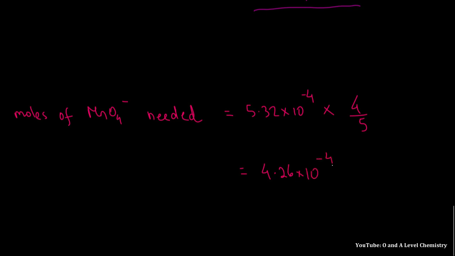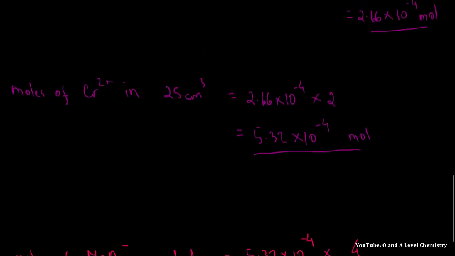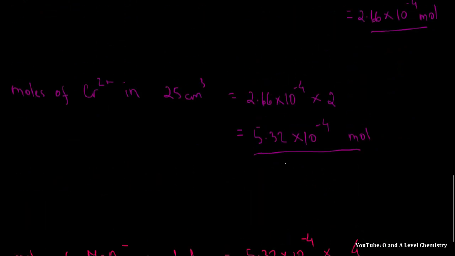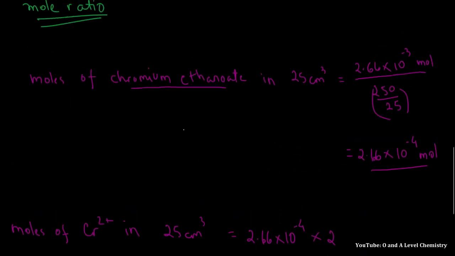Let me recheck the calculation again, just to be sure. Yeah, so this is the moles of MnO4 minus you need to oxidize 5.32 times 10 to the power minus 4 moles of Cr2 plus into Cr6 plus.